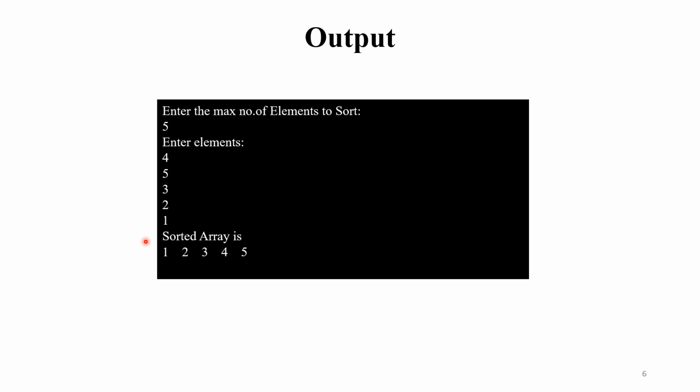Using this program we sorted our array as 1, 2, 3, 4 and 5. I hope all of you understand this bubble sort algorithm, example and program. Keep practicing this program and solve the example using different elements. Thank you.